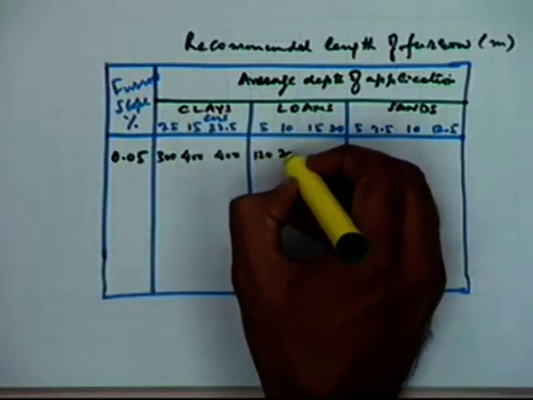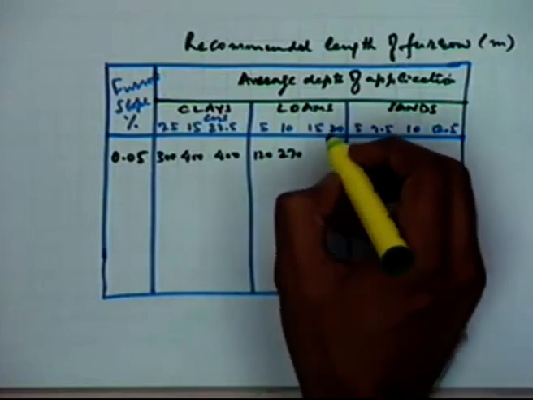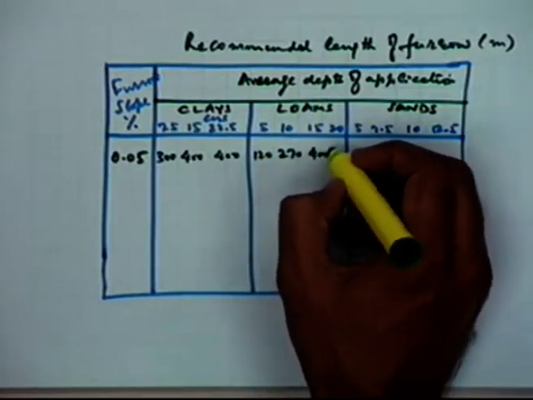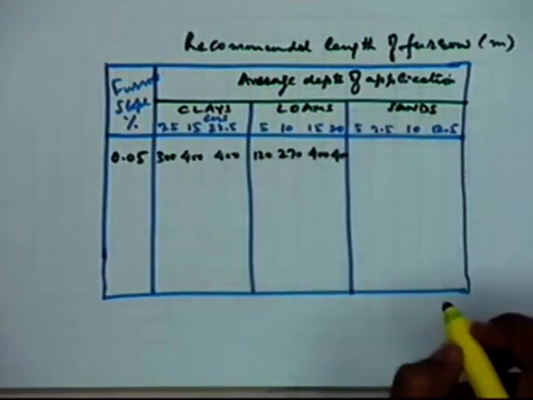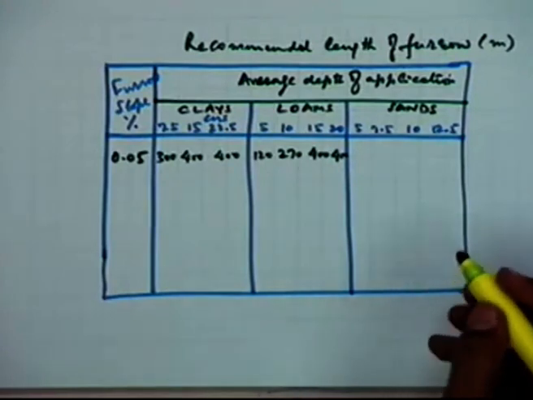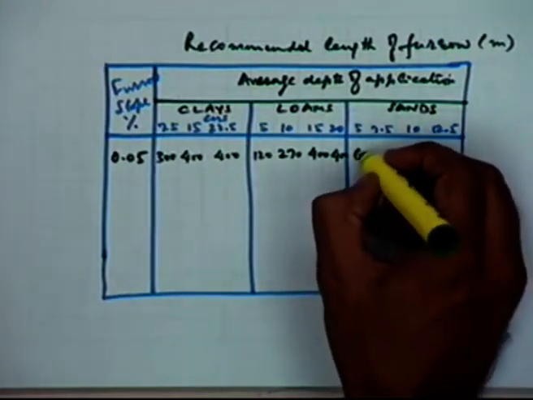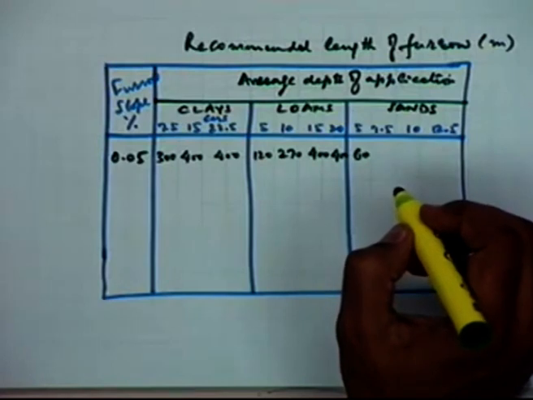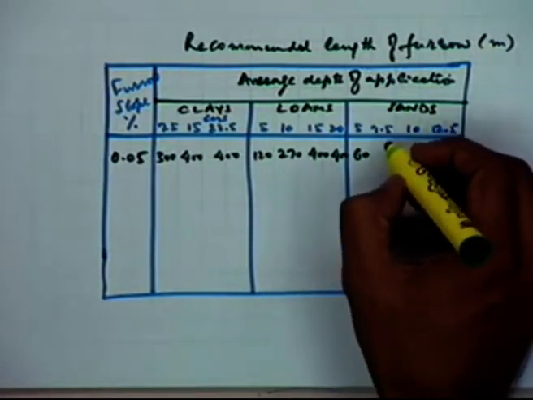I am just picking up some of the values just to show you how much variation there can be from one type of soil to another type of soil, and from one slope to another slope.